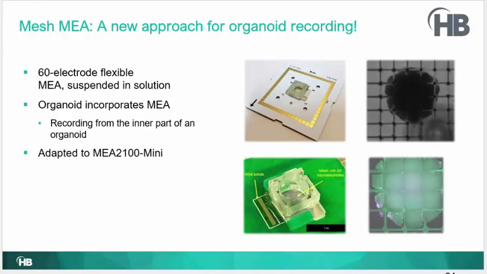It's also possible to seed an organoid and create one from scratch inside of the mesh. That gives you much more of a three-dimensional understanding of what's going on inside of the organoid. This technology has been recently adapted to the MEA 2100 Mini, but we anticipate further development of this approach.